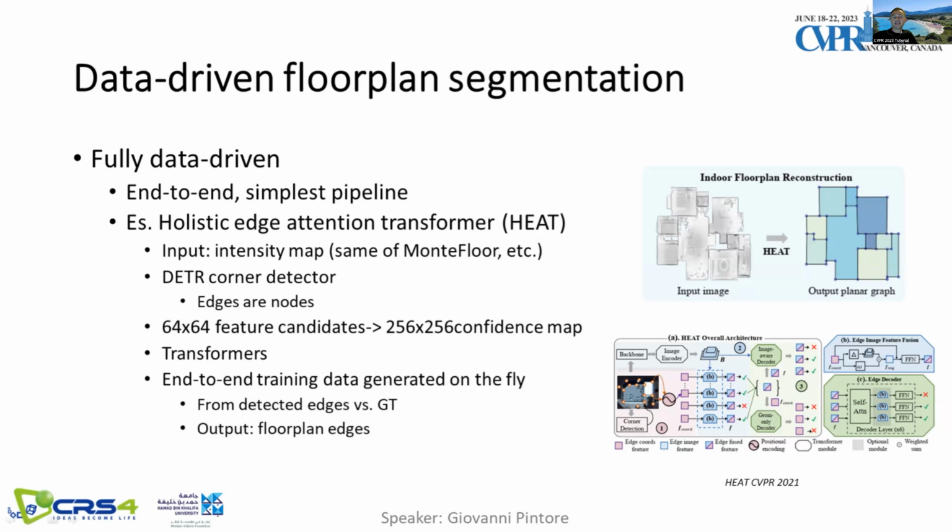So here they try to apply a single pipeline to solve the problem. In this case, a state-of-the-art corner detector is applied to find room corner candidates defined as edges from a fixed number of uniformly distributed candidates. Then we also have a fixed number of true or false candidates in this map.